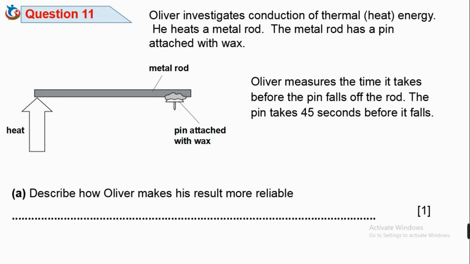The pin takes 45 seconds before it falls. 11a. Describe how Oliver makes his results more reliable. So Oliver can make his experimental results more reliable by repeating the experiment. The more you repeat, the more reliable the experimental result.